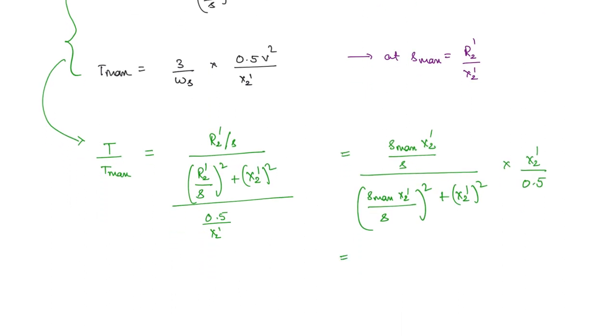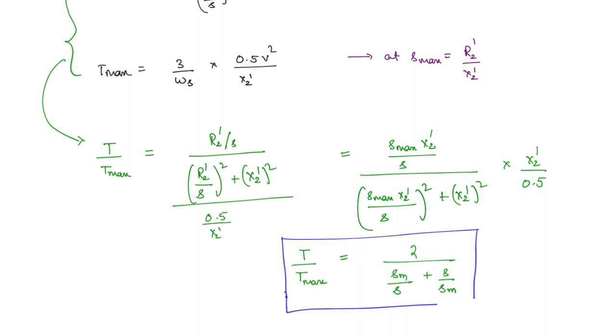Finally, if you simplify, you are going to get 2 by Sm by S plus S by Sm. Okay. So T by T max will be equal to 2 by Sm by S plus S by Sm. Okay. Where S is the slip at this particular torque.